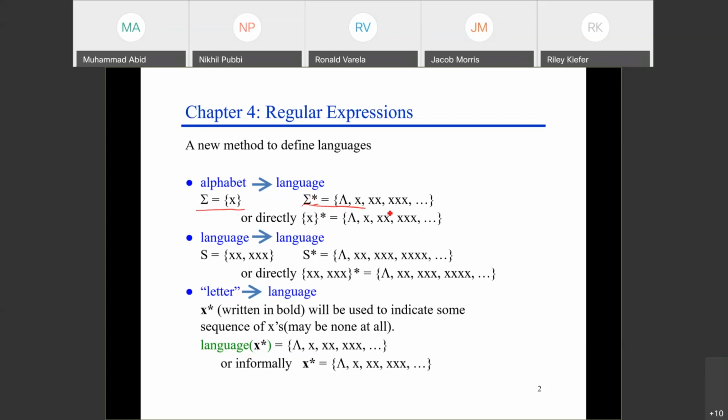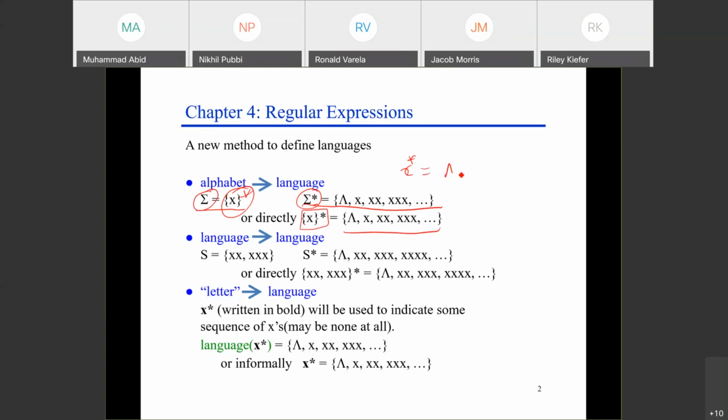Now we have a summation here, and we apply the Kleene star property on the summation. We can say that we have x, and we apply Kleene star on x, and it has the same meaning, so this is equal to this. We just replace sigma star with x star. So we want to know how we get this. If I write x star, what does it mean?